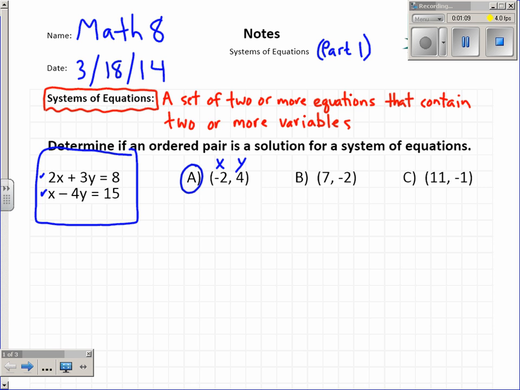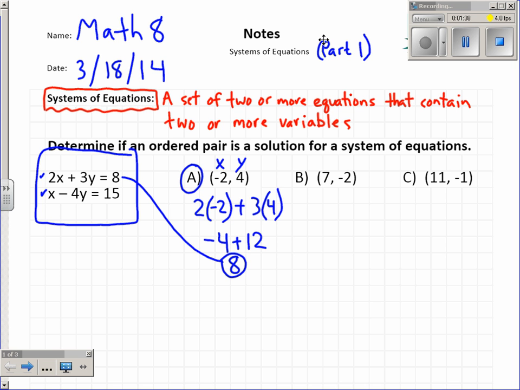So the first one is 2 times x plus 3 times y. So we get negative 4 plus 12, and we get 8. That's what they have as a solution, so that one does work for that equation. And now we're going to plug in negative 2 and 4 into the other equation and see if it works.